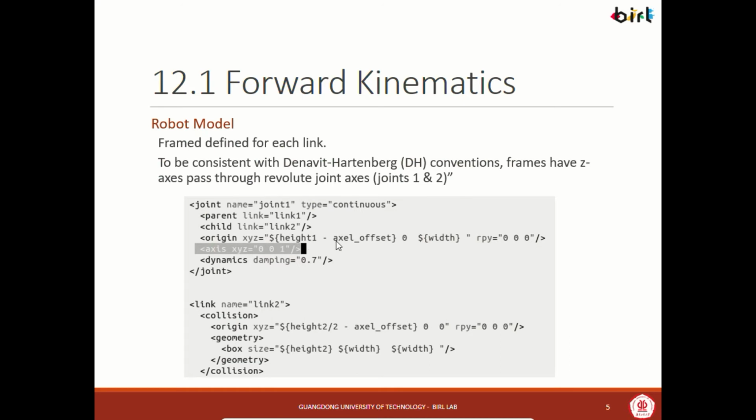Here the origin has an equation that we haven't seen before in this book. X is equal to height 1 minus axis offset, and then we have a width here too. But this is a key line where we say, hey, let's set this frame of reference to be aligned with the z direction of the joint.